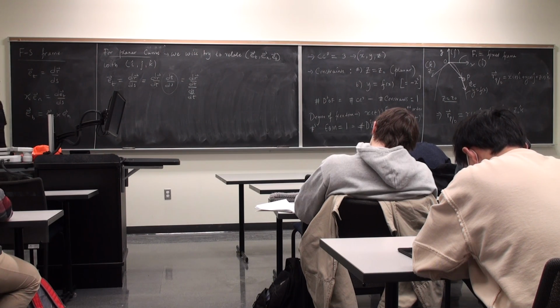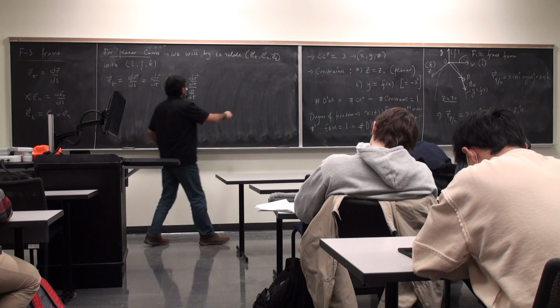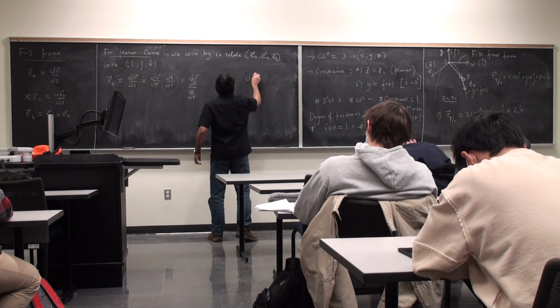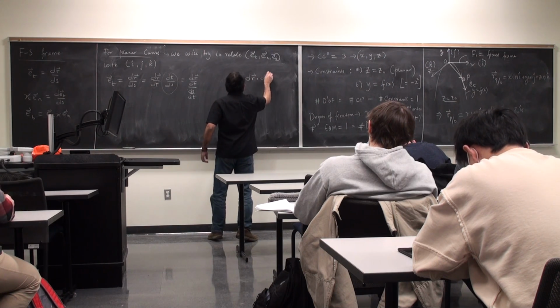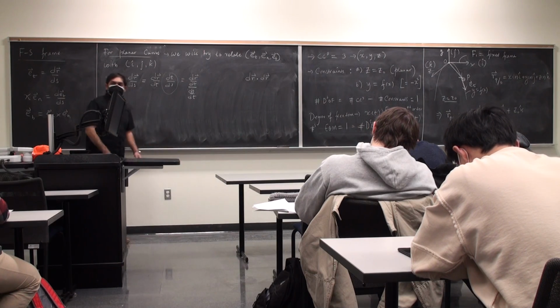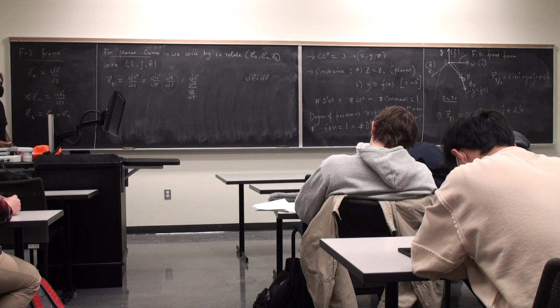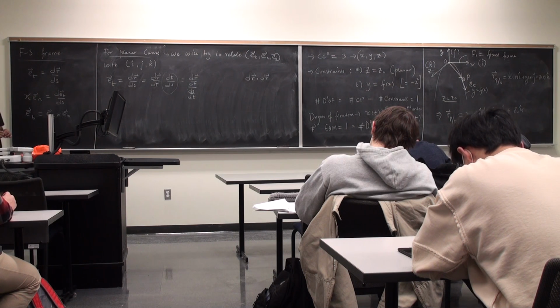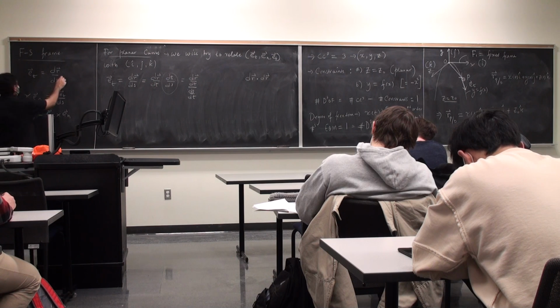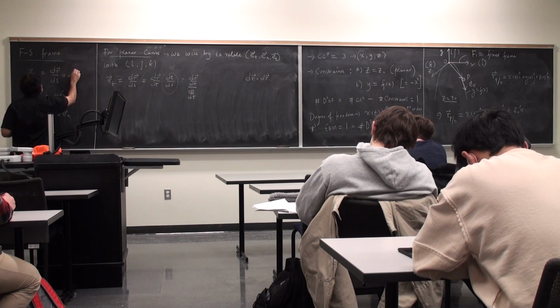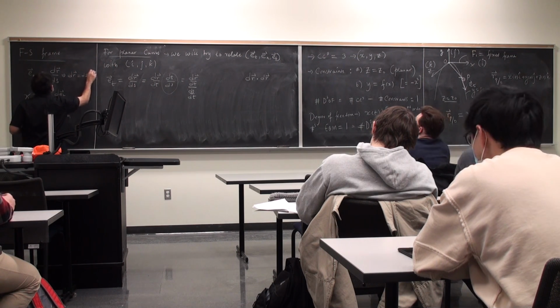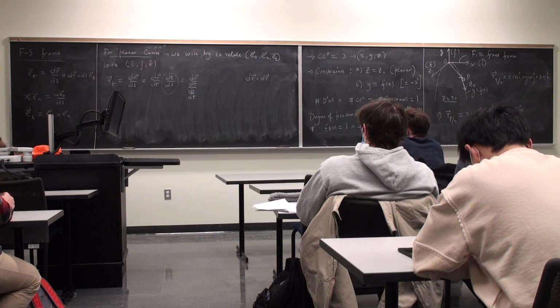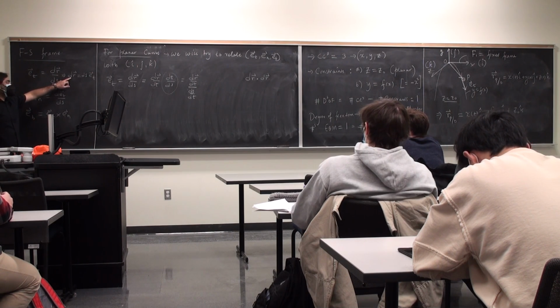And by definition, what is this going to be? So dr is e_t times ds, right? So if I take this unit vector and take the dot product of it with itself, what should it give me?